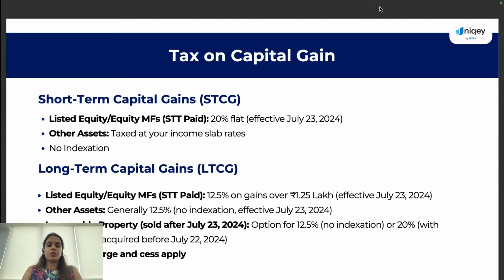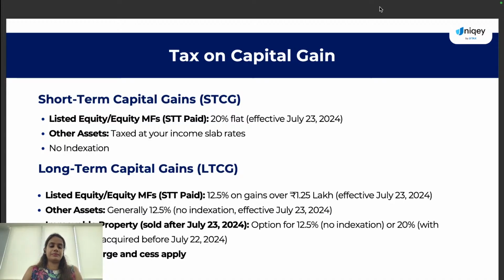If we cross 1.25 lakh rupees, we pay 12.5% on the excess amount. This is for equity or equity-oriented mutual funds on which STT is paid. On any other assets, this is 12.5% without any limit. For immovable property, we have an option: either flat 12.5% without indexation or 20% with indexation. A surcharge and cess will also be applicable on these rates of tax.